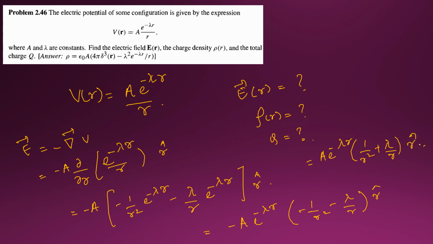Now charge density is asked. What is the formula for charge density? ρ by ε₀ is equal to del dot E. So whatever I got for E, I'll just put it here.